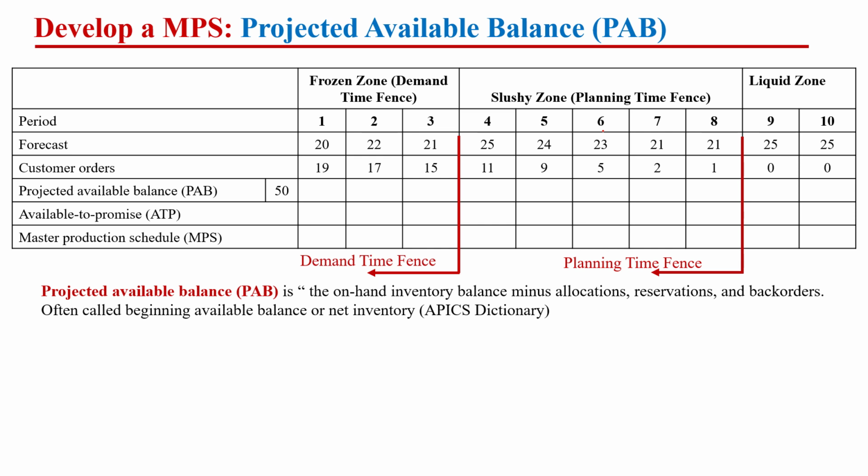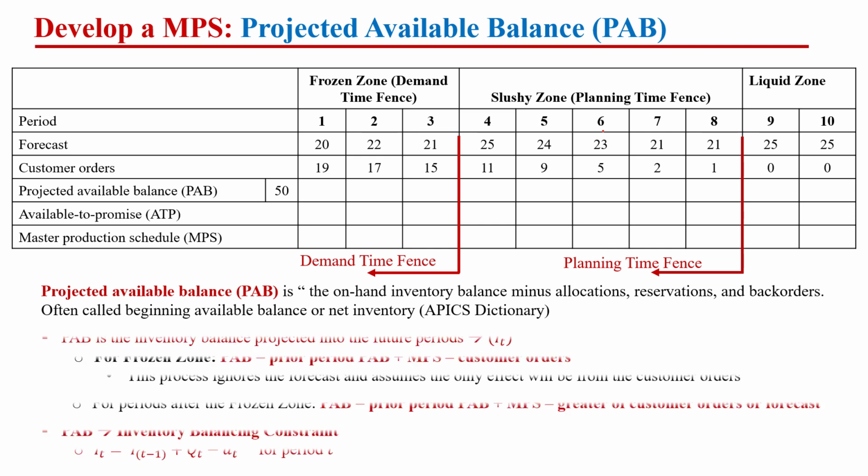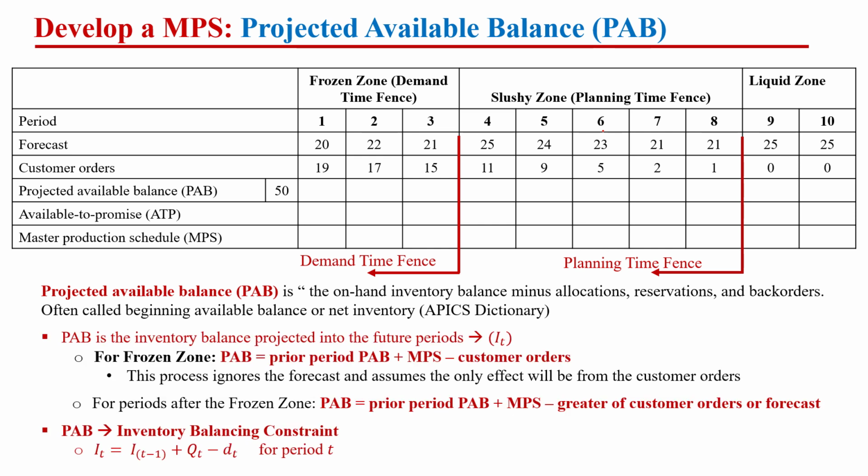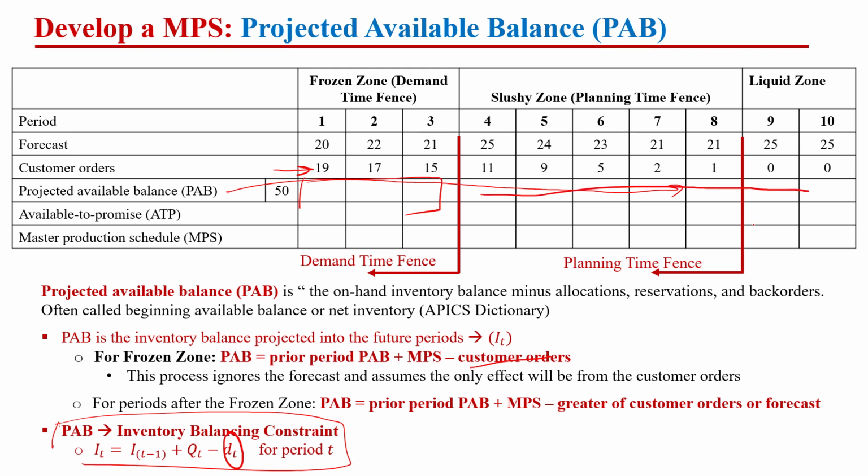So let's discuss the master production schedule. As we know, in order to calculate the projected available balance, we can use this particular equation, which says that in a frozen zone, the demand we are going to use is the confirmed orders, which means we are talking about this one, as I have told you earlier. Whereas in the slushy zone or liquid zone, you can use the demand, which is basically the forecasted demand.